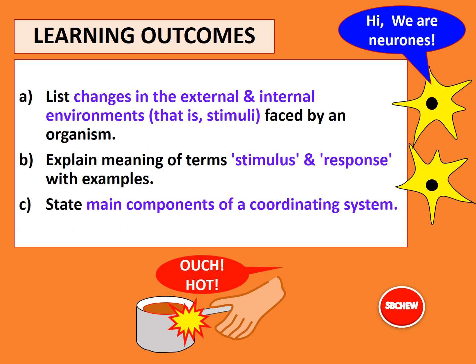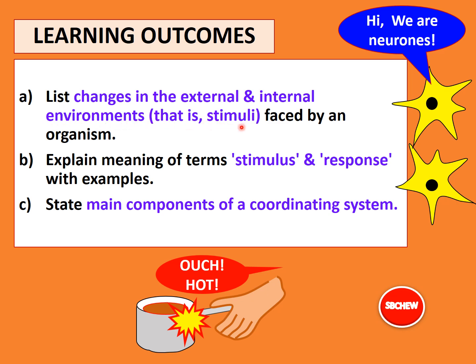The learning outcomes for this lesson are as follows. We must be able to list changes in the external and internal environments, that is stimuli, faced by an organism. So the words changes in the external and internal environments actually mean the stimuli.